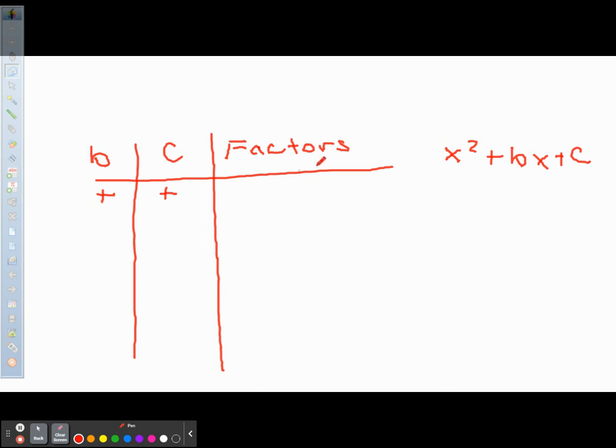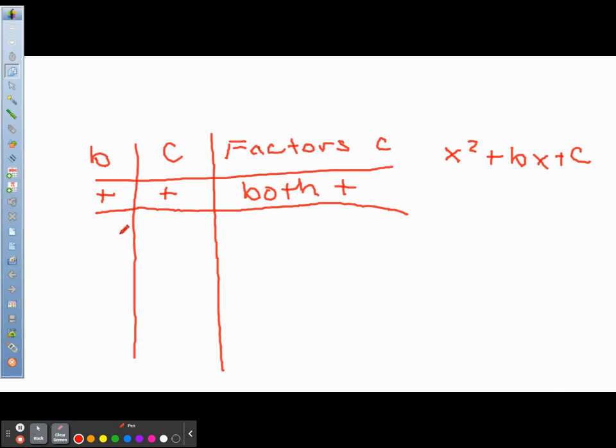They're both positive. So whenever B is positive and C is positive, your factors of C will both be positive. We're pretty much making you a cheat sheet for when you're factoring. Like I mentioned before, the more you do this, the more you're going to realize it, and the easier it's going to get.